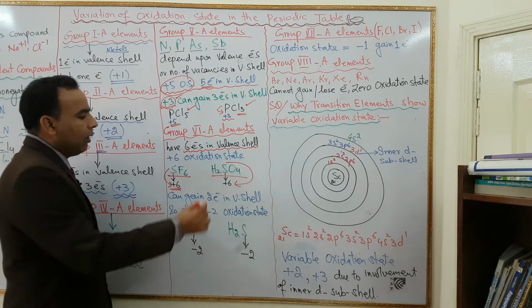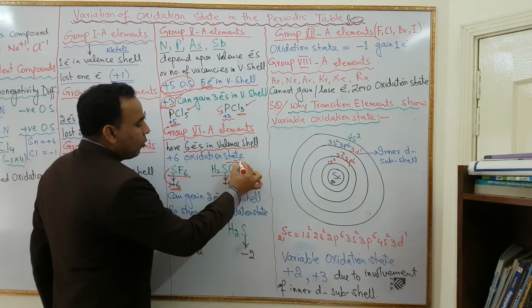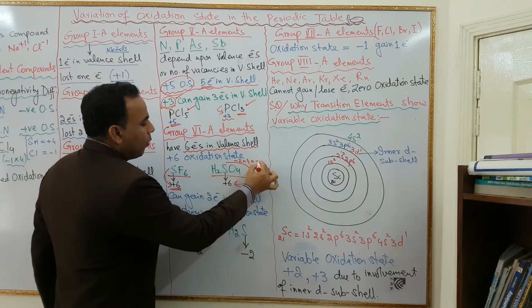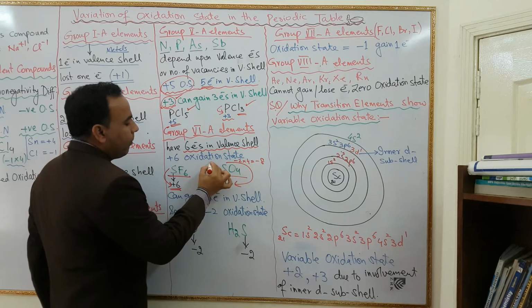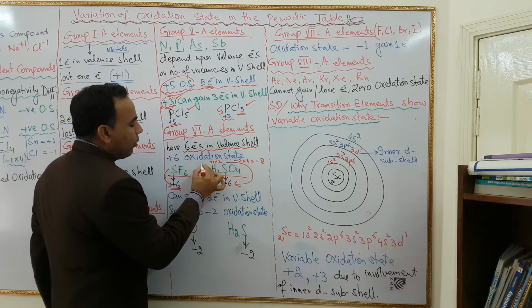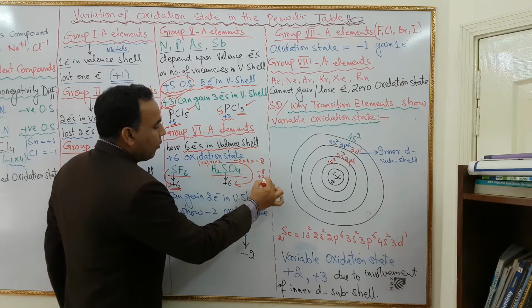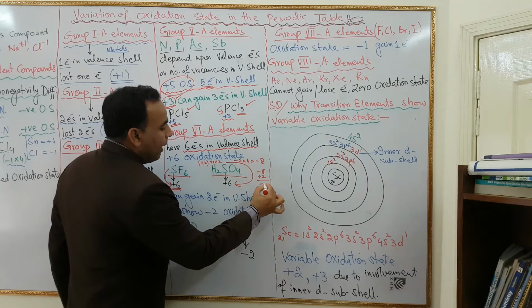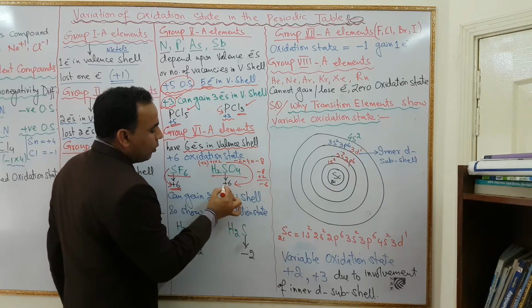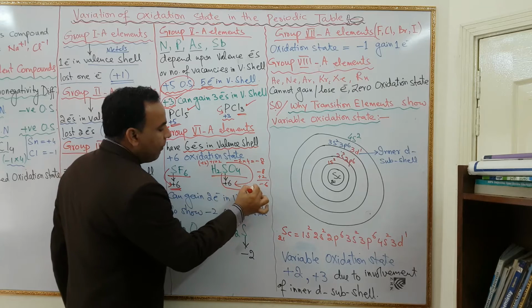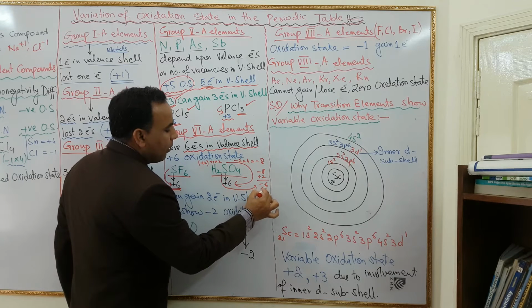My dear students, oxygen -2 multiplied by 4 is equal to -8, and hydrogen +1 multiplied by 2 is equal to +2. -8 and +2 will be equal to -6. So the oxidation state of sulfur will be +6.